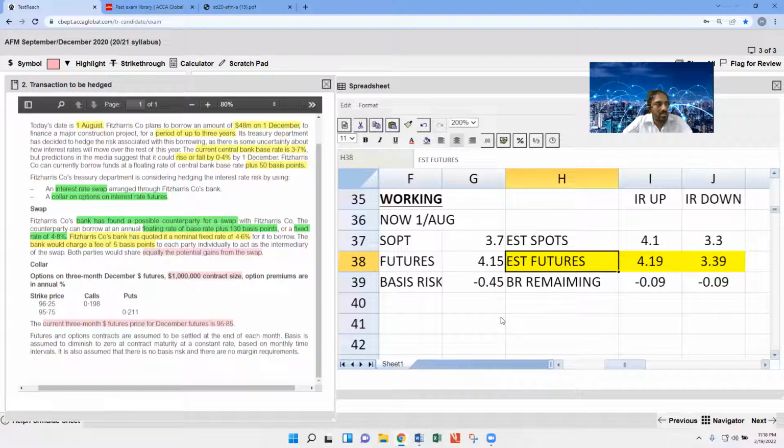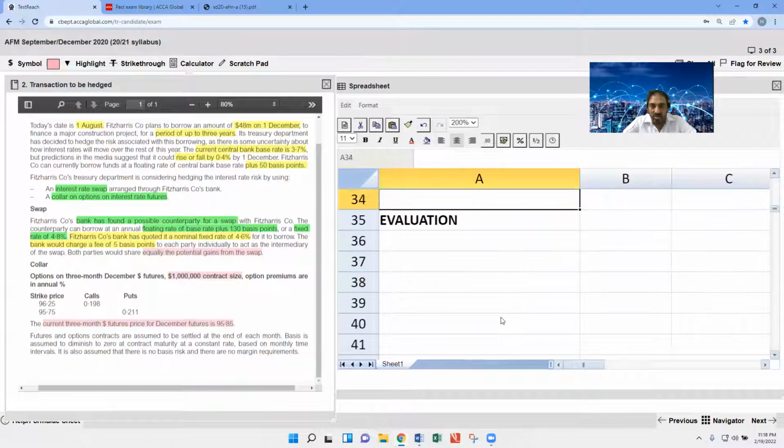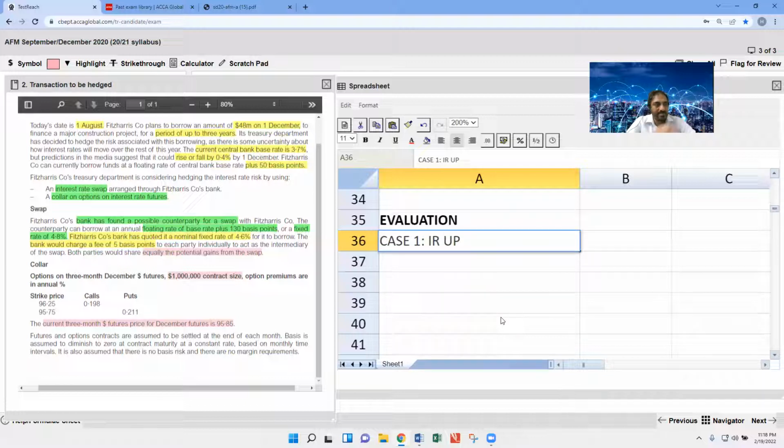Now, the very, very important discussion we are going to start: evaluation. Evaluation based on two things. Case one, interest rate up, and that becomes 4.1%.